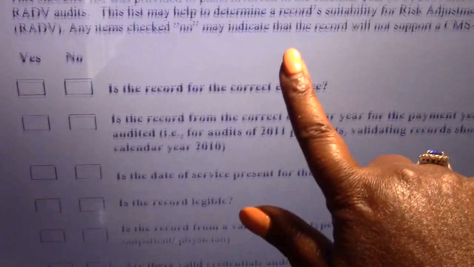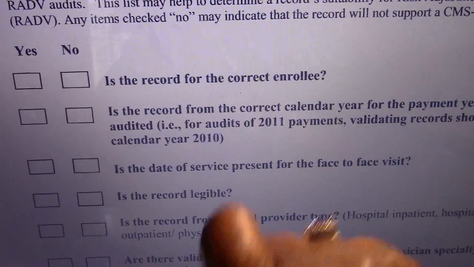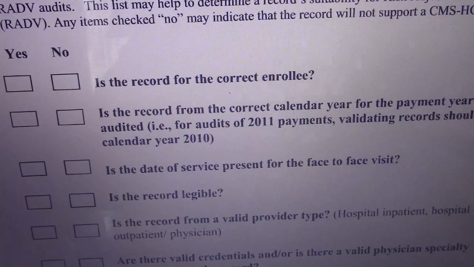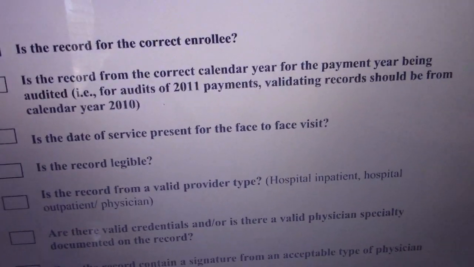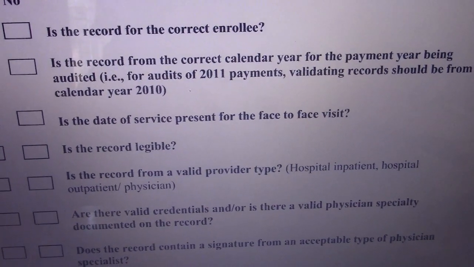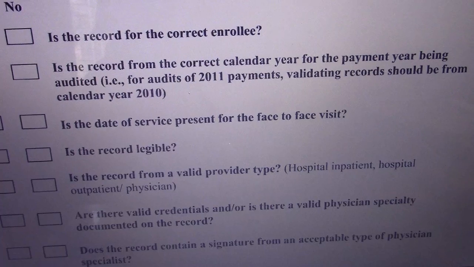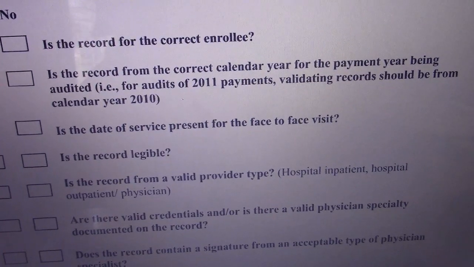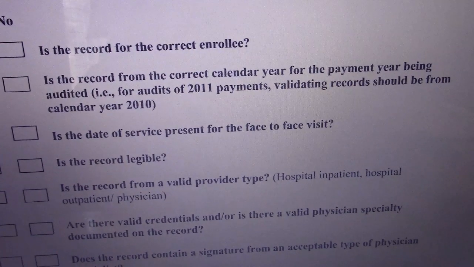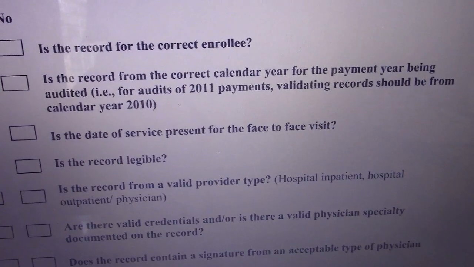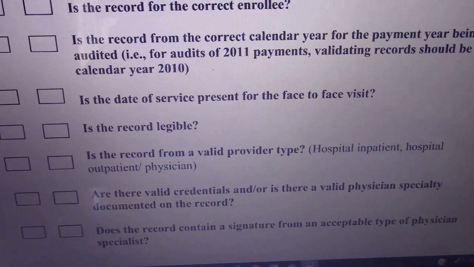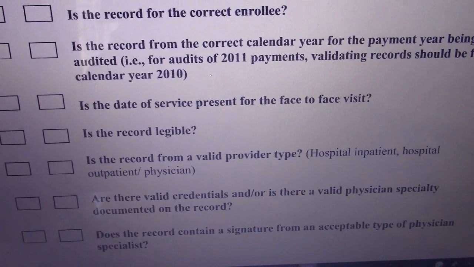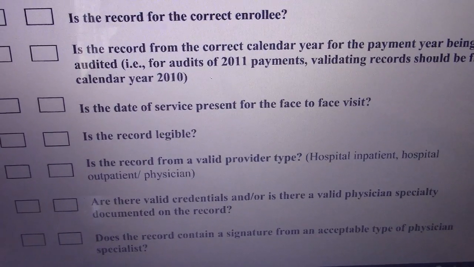So look at the questions that you're going to audit. Is the record for the current enrollee? Is the record from the current calendar year for the payment year being audited? In other words, for audits of 2011 payment, validating records should be from the calendar year of 2010. Is the date of service present on the face-to-face visit?